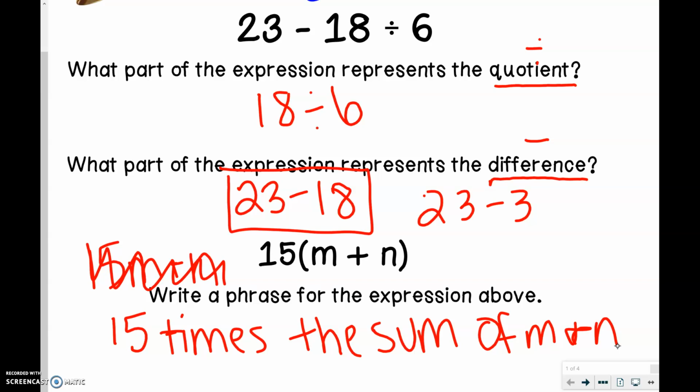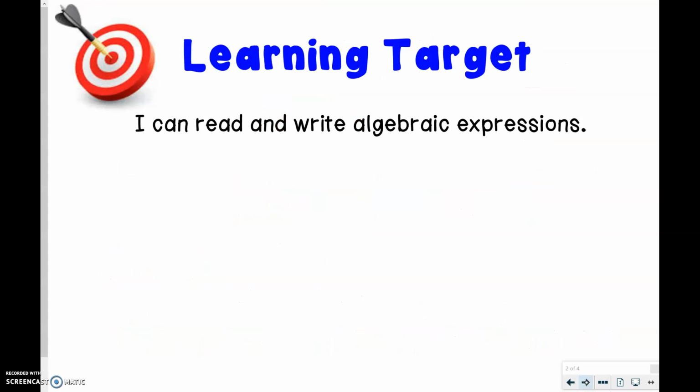So that's why you specifically need to say the sum, not just 15 times plus m and n. That doesn't work. You have to specifically use the sum in this case because that's what you'd be doing, adding these together, then multiplying that answer from the addition problem by 15. Okay, so just make sure you know how to do that. Again, watch the video on Friday if you need more clarification. So we're just practicing the whole reading and writing expressions to prepare for our assessment on Wednesday.